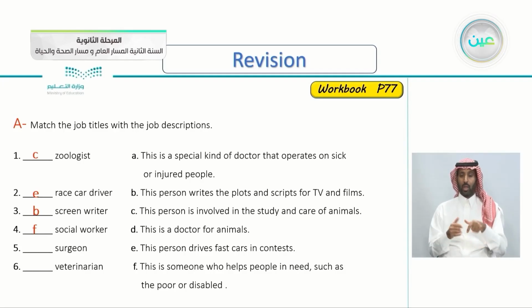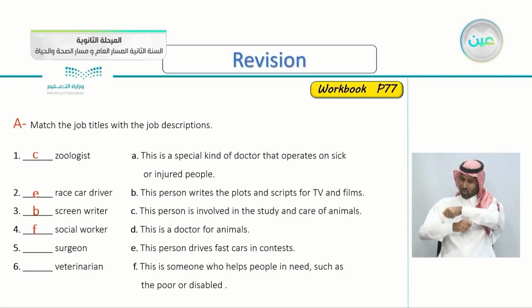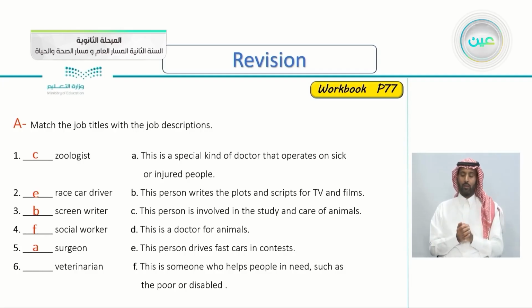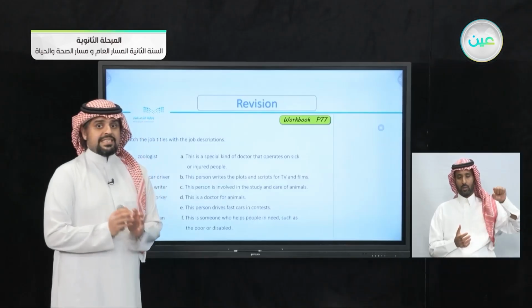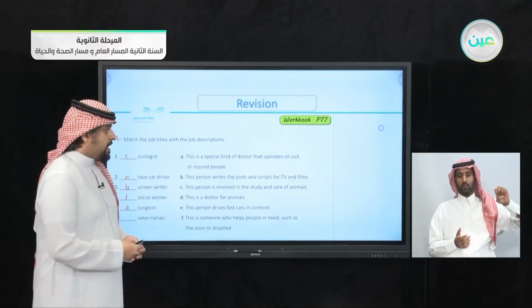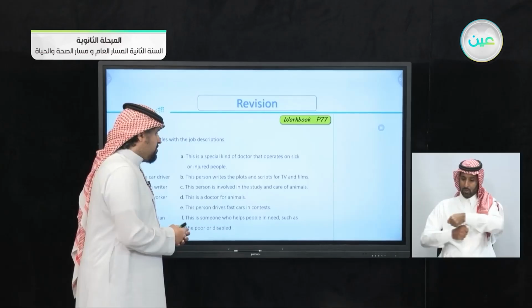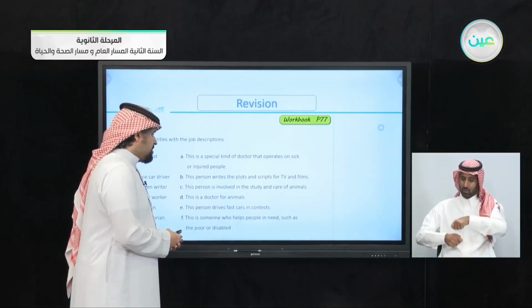Number 5 here, a surgeon. So number 5, a surgeon. It's the letter A. This is a special kind of doctor that operates on sick or injured people. So a surgeon is a doctor, but he is a special kind of doctor that operates on sick or injured people.